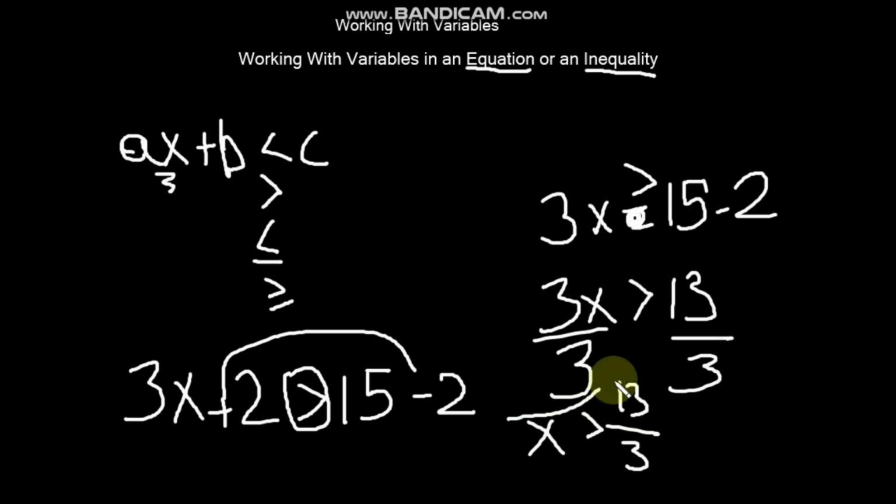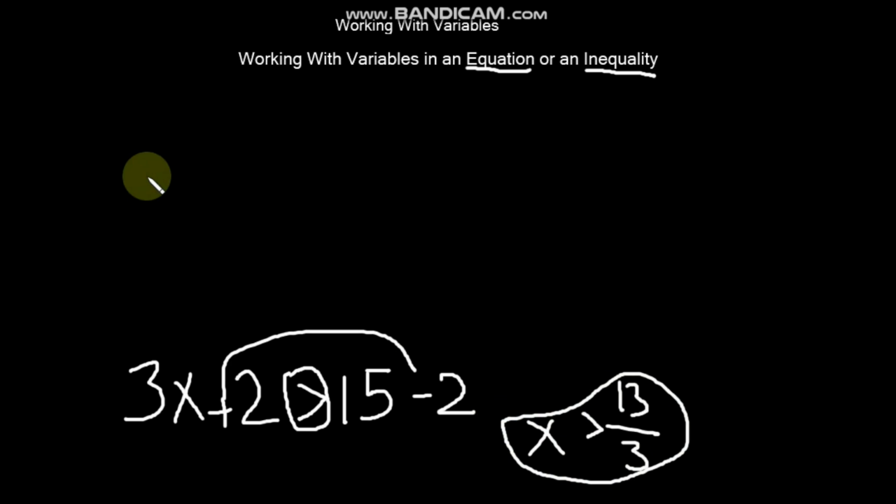There are some exceptional conditions, but before I tell you about that, let me just show you the reversion of this. So all we have to do is write the question again. So it was 3x plus 2, but we said that x must be greater than 13 over 3. So for me to know the decimal form and find the greater version of 13 over 3, let me just change it to decimals.